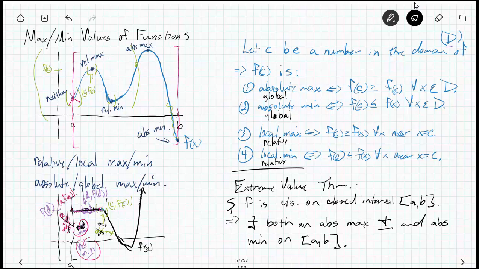So from a to b, as long as there are no hops, no vertical asymptote, nothing crazy going on, in other words, it's continuous, then I have to have both an absolute max and an absolute min on that closed interval.